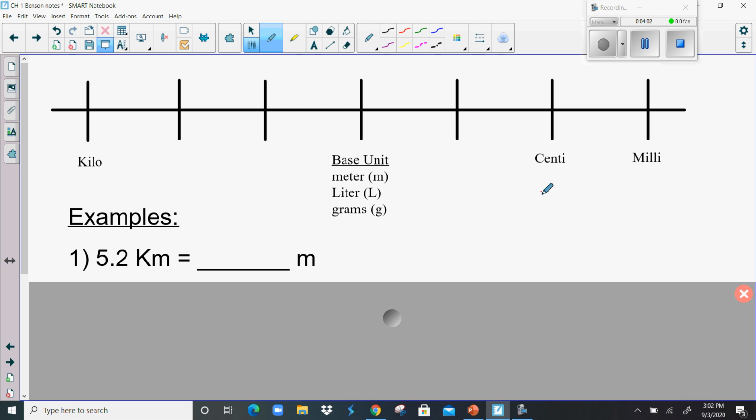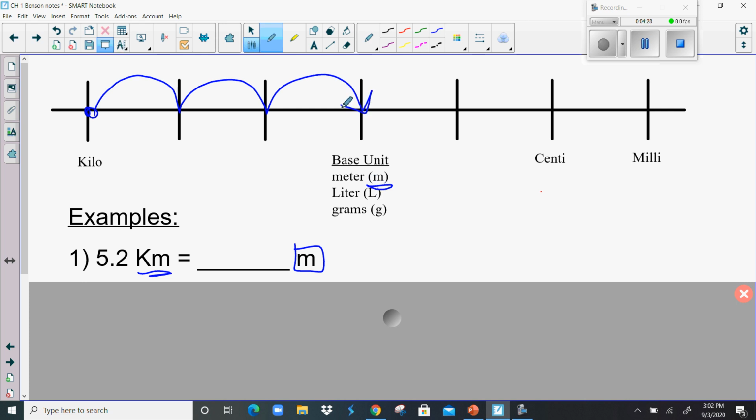All right, so I have a kilometer, so I'm going to start over here. I'm starting with kilometers, and I want to go to meters. I can see that the base unit, meters, is right here. So I'm going to take my decimal point and move it the same number of spots that I move on the number line. To get to meters, I go 1, 2, 3 spaces to the right.